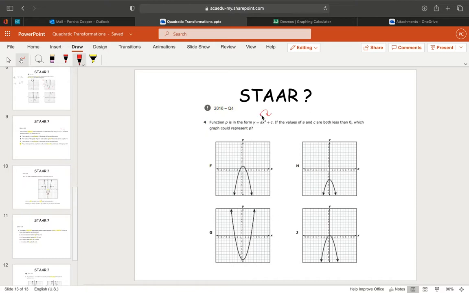And then if our c value is negative, that means that we're going to have to be somewhere below the x-axis. And so the graph that will do that is H. It is opening down and it is below the x-axis. So the correct answer here that we would want is answer choice H.